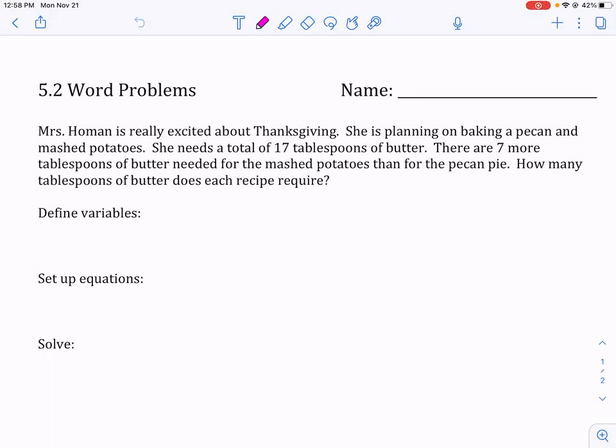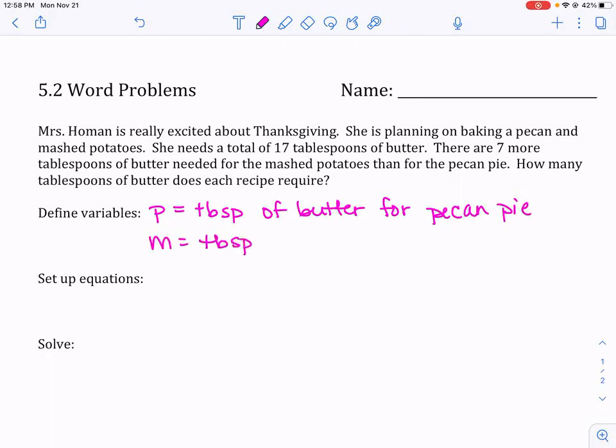So how about P for pecan pie represents the tablespoons of butter for pecan pie. And M can represent the tablespoons of butter for mashed potatoes.